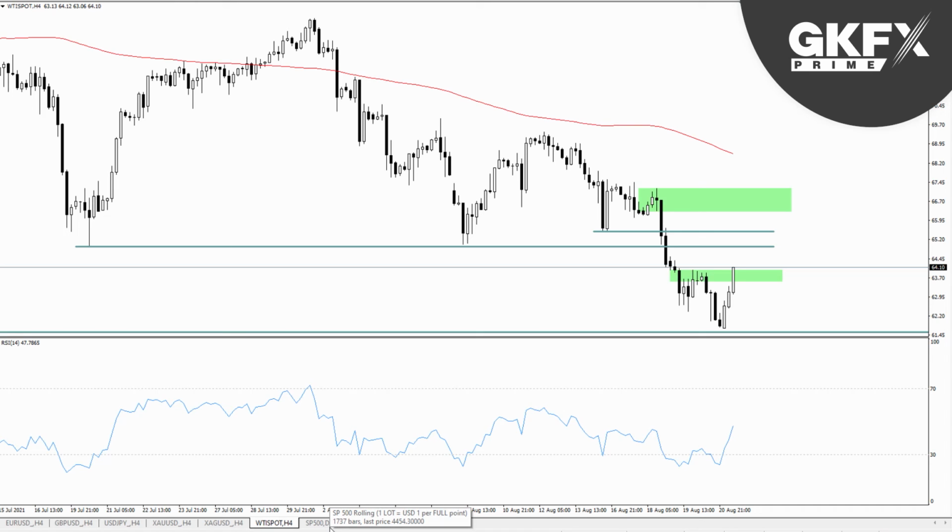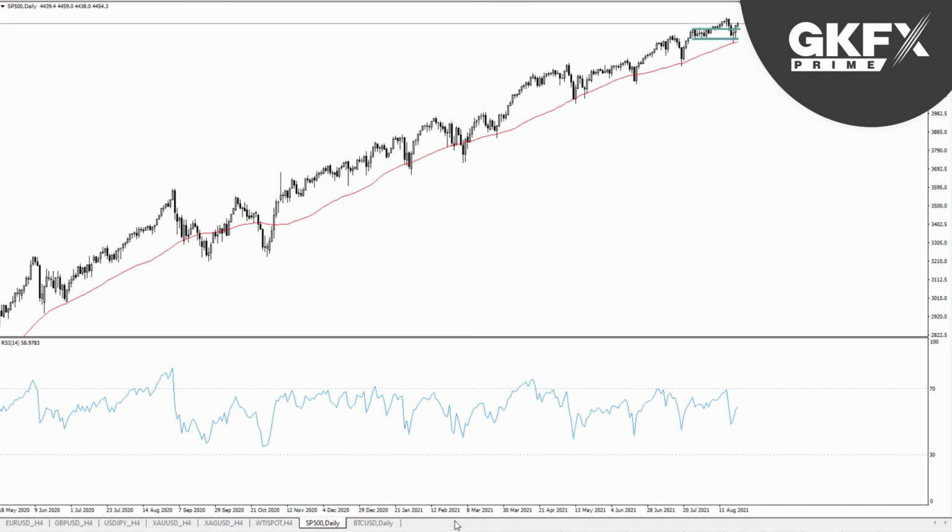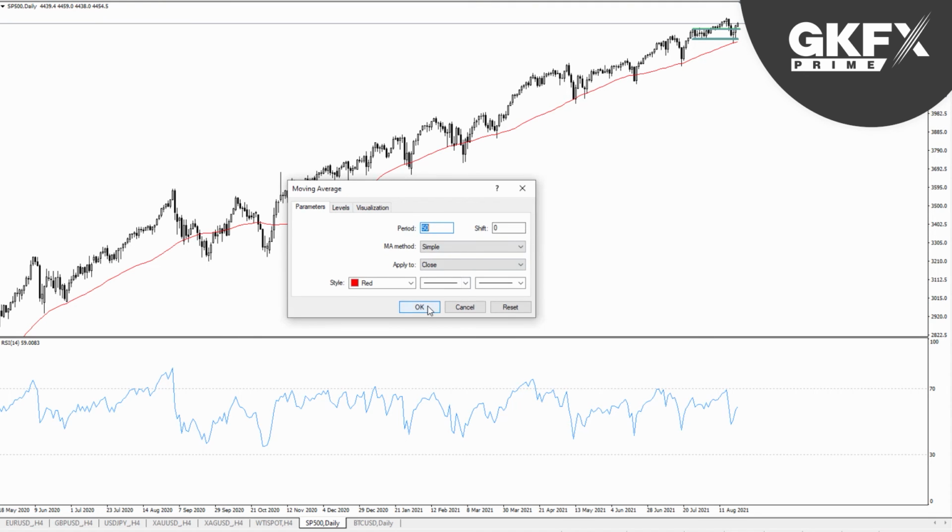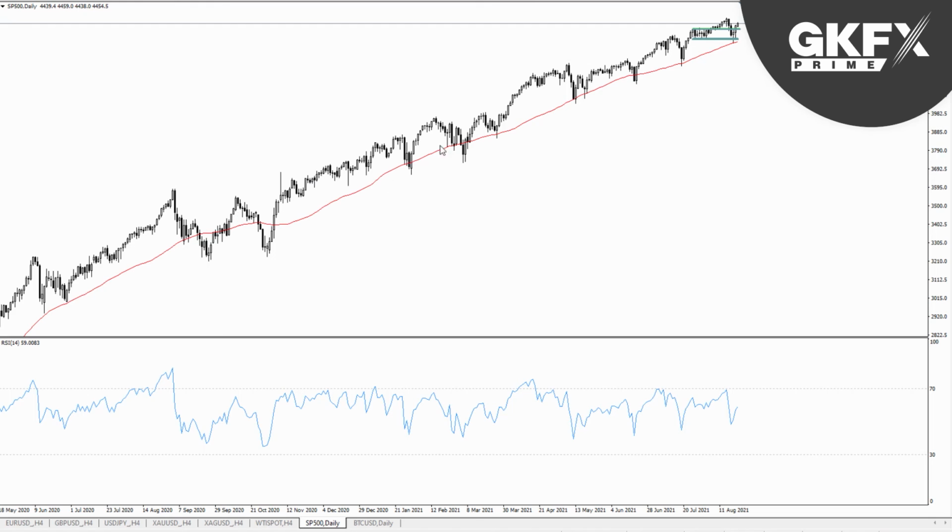So let's see. Yep, bearish trend, but potentially reversal off the 62 level. S&P 500. I've adjusted this daily chart to show us the 50-day moving average, and you can see it's this 50-day moving average which has been working so well.